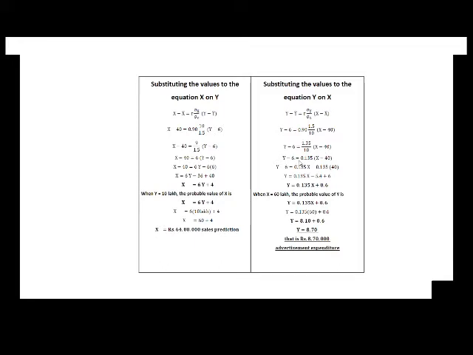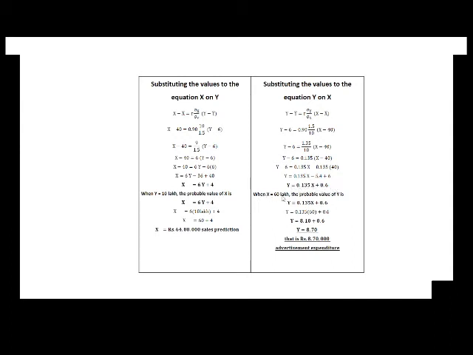Y minus 6 is equal to 0.135 into x minus 40. Y minus 6 is equal to 0.135x minus 0.135 into 40. Y is equal to 0.135x minus 5.4 plus 6. The regression equation finally, y is equal to 0.135x plus 0.6.